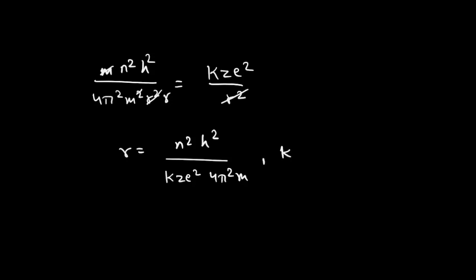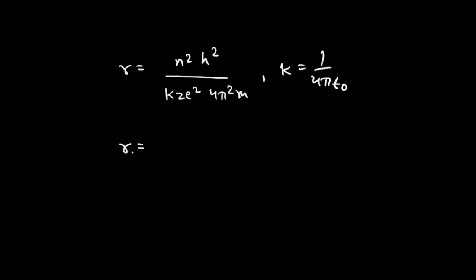We know k can also be written as 1 upon 4 pi epsilon naught. On putting this value here, r will come out to be epsilon naught n square h square divided by pi e square m.